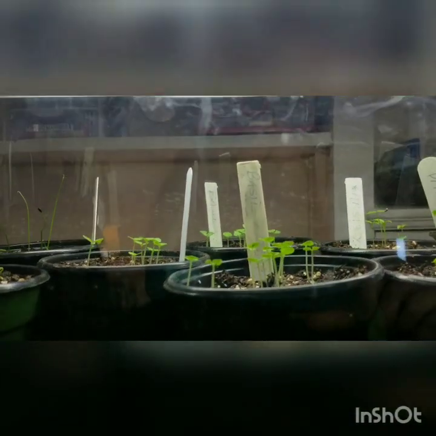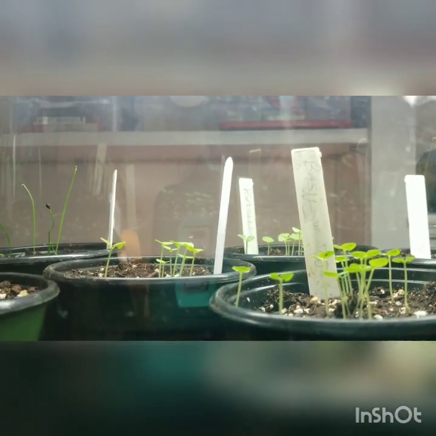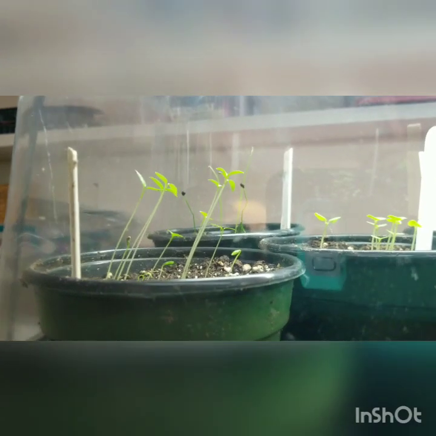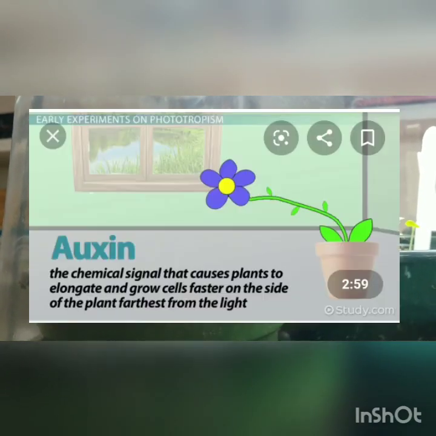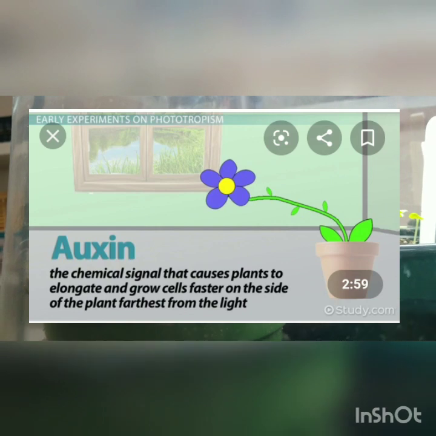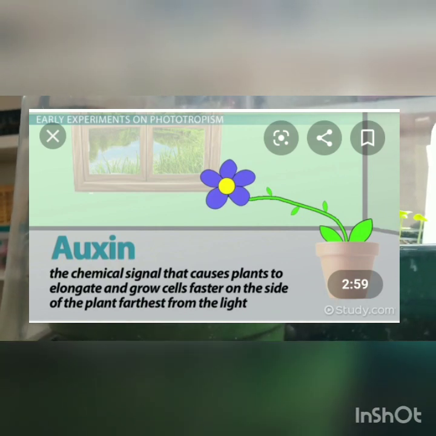If we take a look at the basil, it is located directly under the light. Therefore, it seems to be growing straight up and not tilted like the parsley. In the case of phototropism, a chemical signal called auxin causes plants to elongate or grow cells faster on the side of the plant that is farthest from the light.